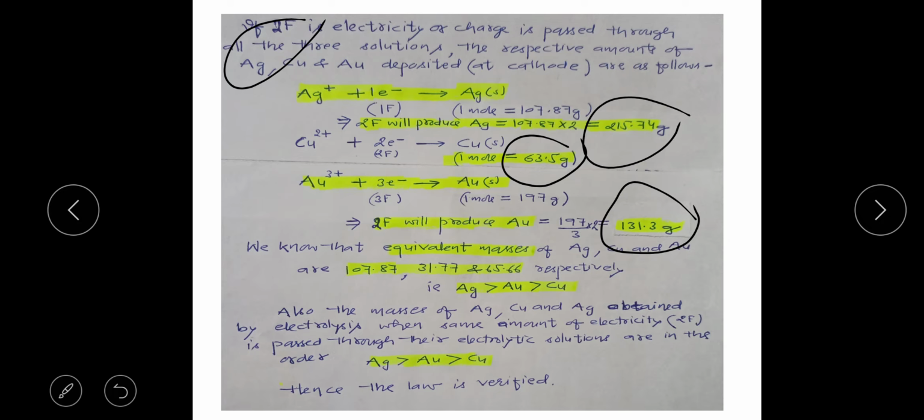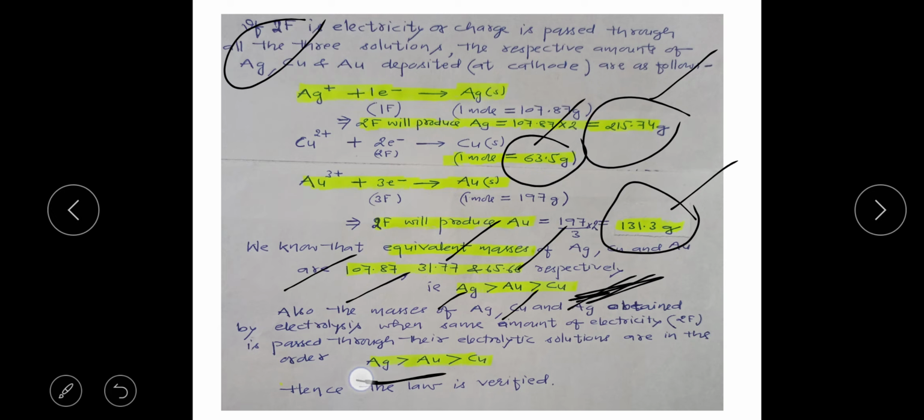Now let us see the equivalent masses of silver, copper and gold. Silver 107.87, copper 31.77, gold 65.66. So these are in decreasing order: silver highest, followed by gold, and last is copper. Now if you compare these masses, you can get this order.